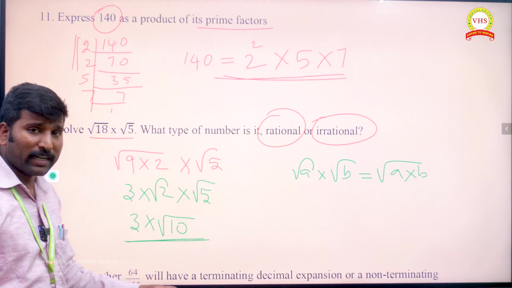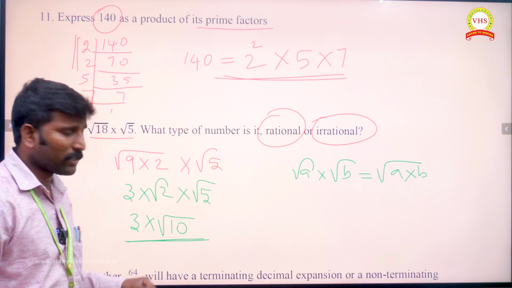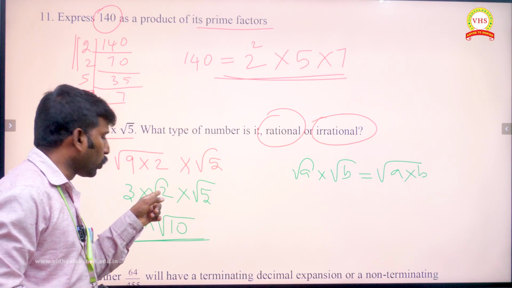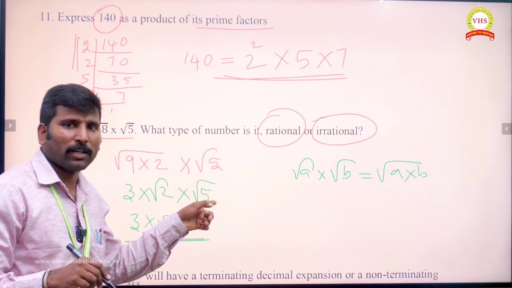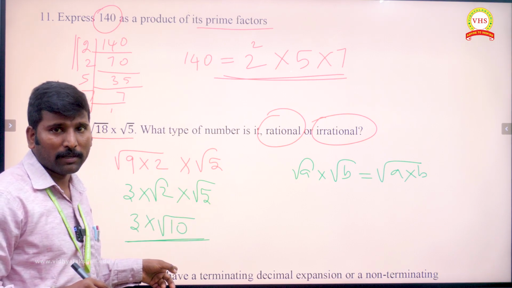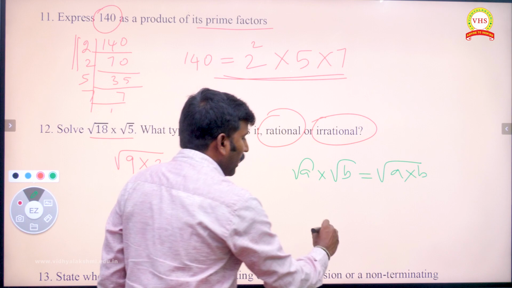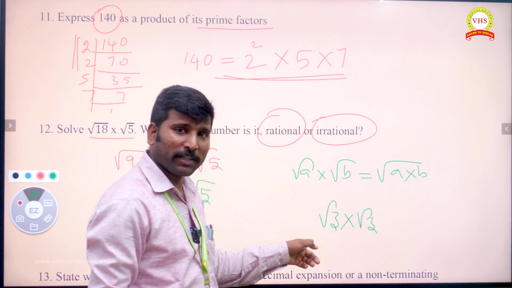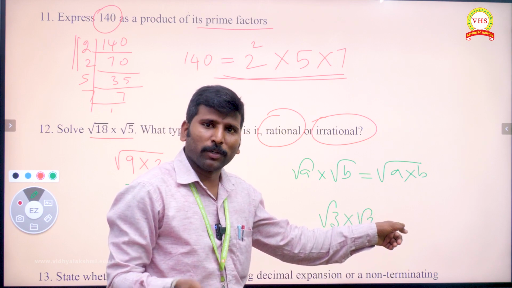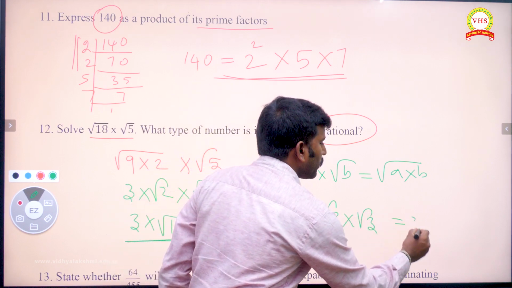So definitely it's not rational, because root 10 means root 2, which is irrational, and root 5, which is irrational. The product of two irrational numbers sometimes gives an irrational number. Not the same number. Sir said the product of irrationals is irrational; see, root 3 is irrational and root 3 is irrational, then it should be irrational only. No sir, we are getting 3, which is rational. Don't think like that.